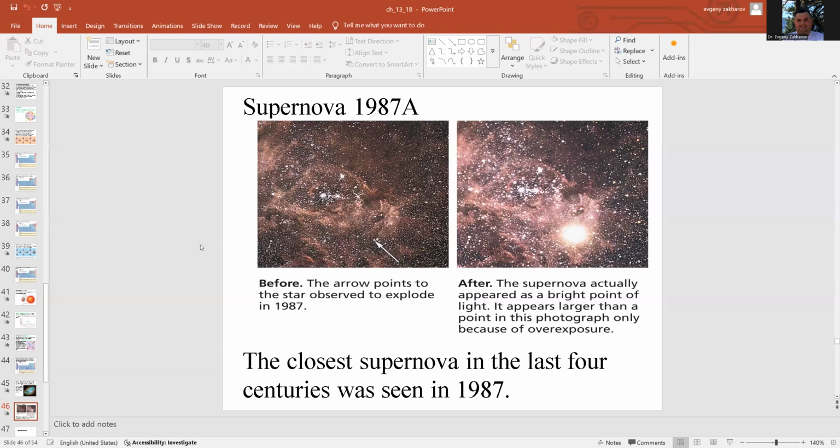But that explosion will definitely trigger a formation of stars in that area. It will definitely rearrange energy and matter distribution in that area as well.